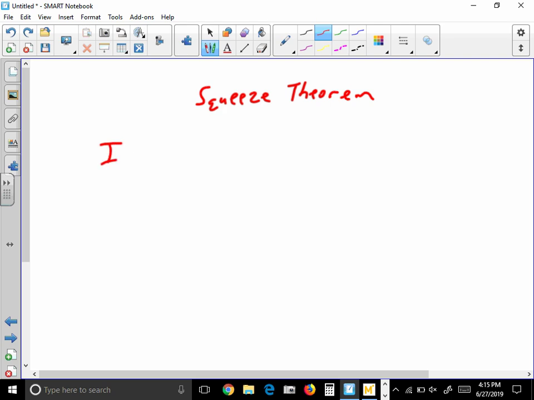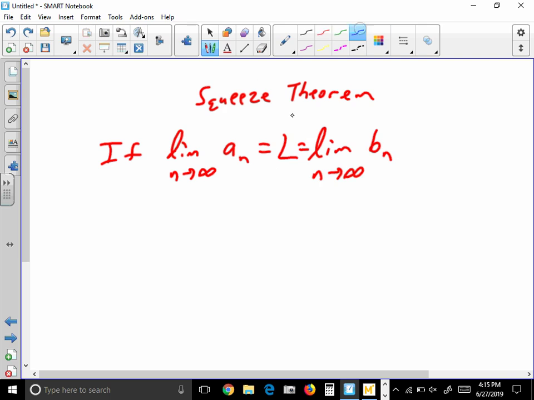So they say if the limit as n goes to infinity of the sequence A is L, and if the limit as n goes to infinity of the sequence B is the same thing. So basically, if you have 2 sequences that have the same limit, and let's suppose we have another sequence, and that third sequence is always between the first 2 sequences.